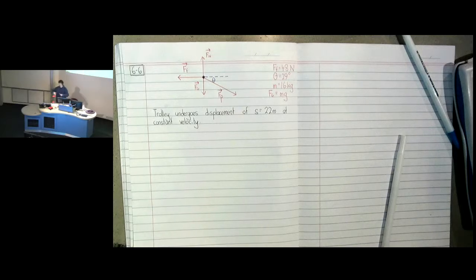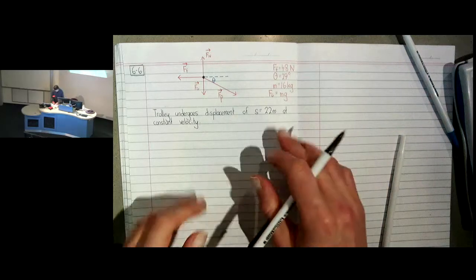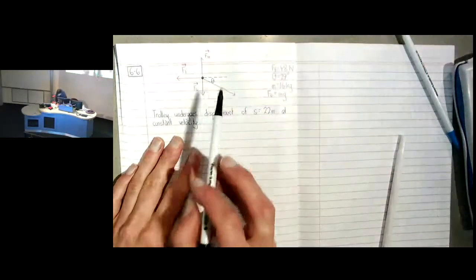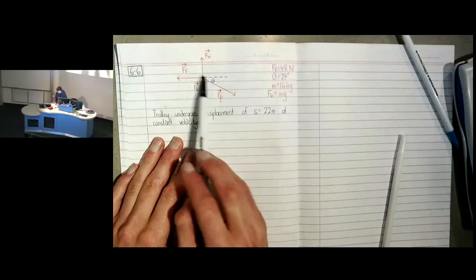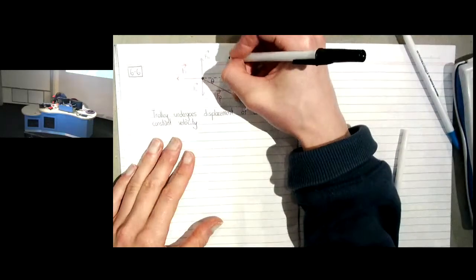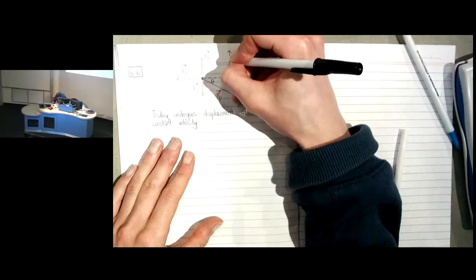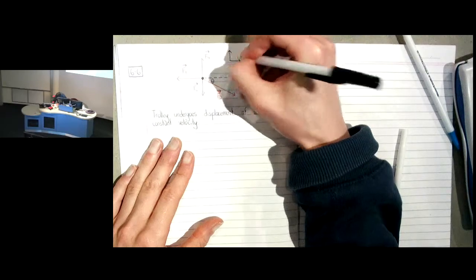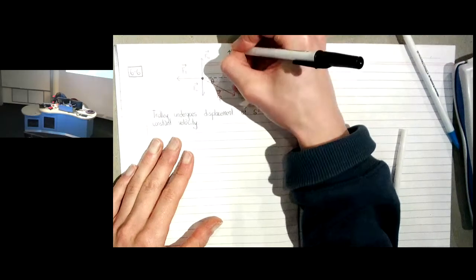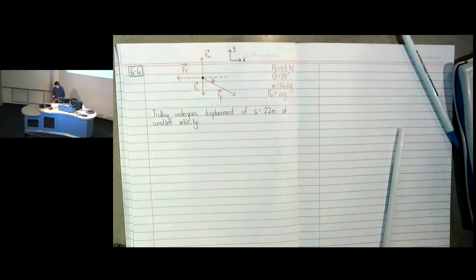If the total force on this trolley is 0, that means the x component and the y component of that total force also have to be 0. So let me define what I mean by x and y. As normal, x is going horizontal and y is going vertical.